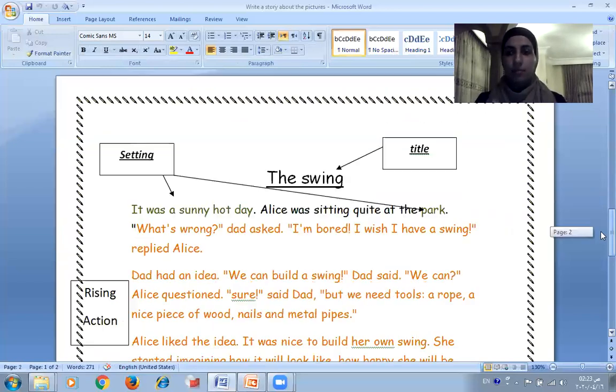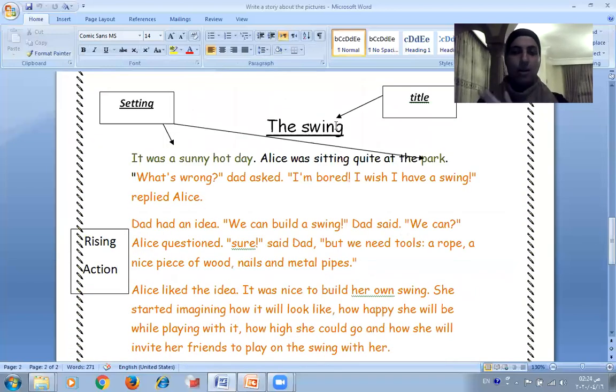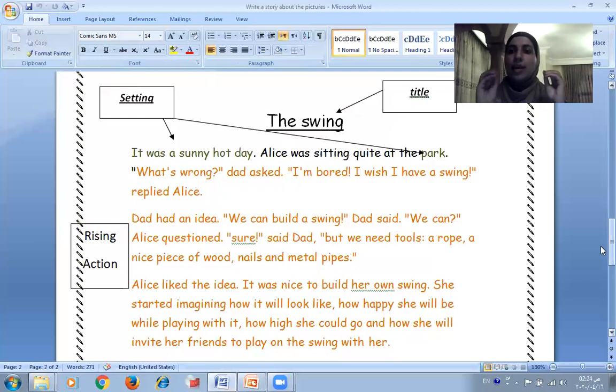Now, skip the title because I wrote the title after I finished everything. We will not just start with the title. Let's read here together. Remember when we said that the story should have a beginning, and what do we write in the beginning of the story? We write the setting. So here we have the setting.